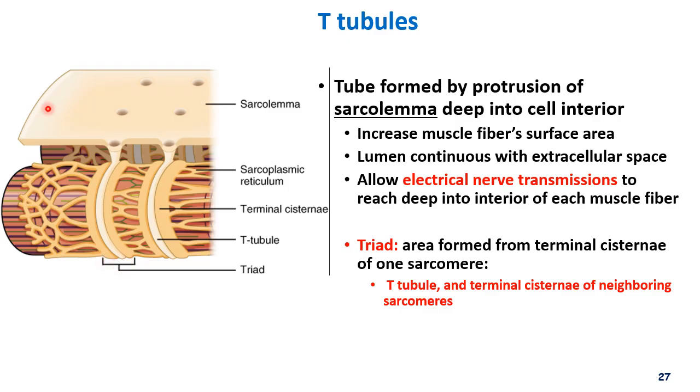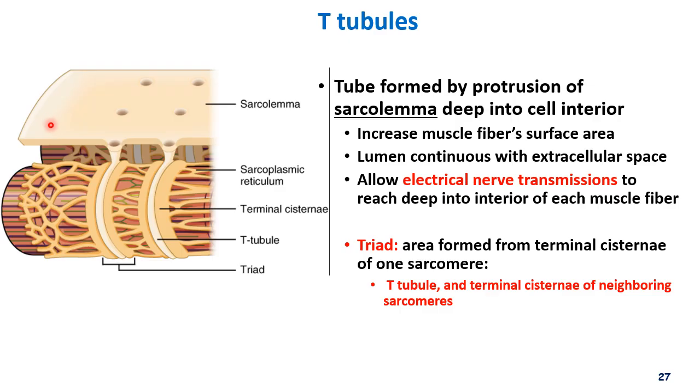Why is this important? Well, basically, when you send a signal from your brain through the nerve hitting your muscle, that signal is going to be an electrical signal. It's going to be an electrical impulse. So you're going to have this membrane that is sensitive to electrical change. You're going to destabilize the voltage in that membrane.